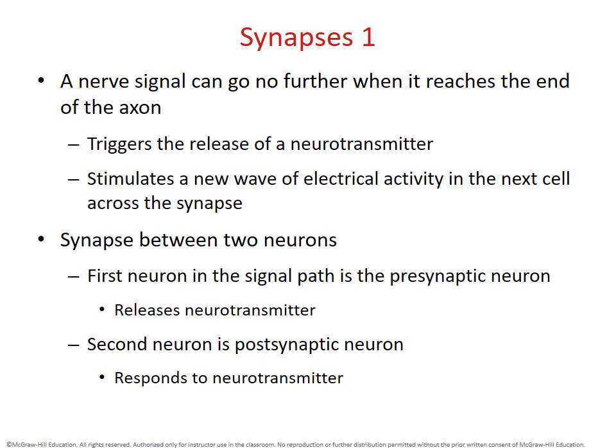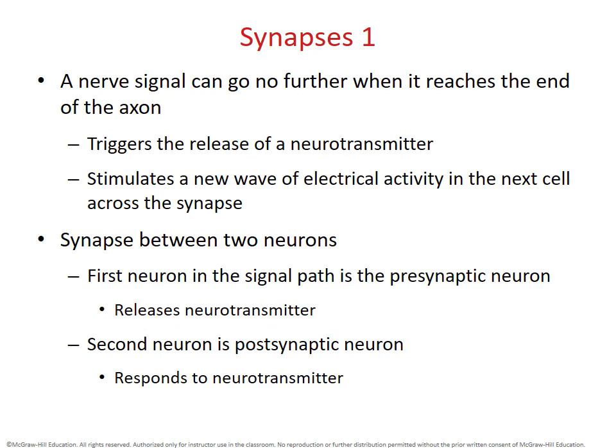We have to have another way for the signal to travel from the end of the axon to the next cell. And essentially, that's what a synapse is. The synapse is the functional connection between the tip of an axon and the next cell that it's trying to stimulate. Again, be it a neuron, a muscle cell, or a gland.